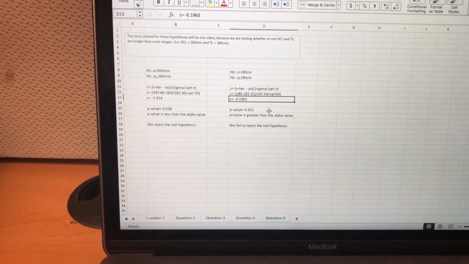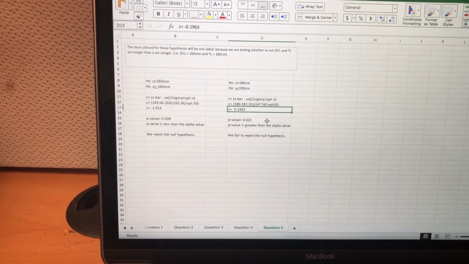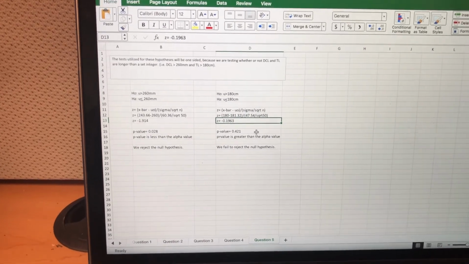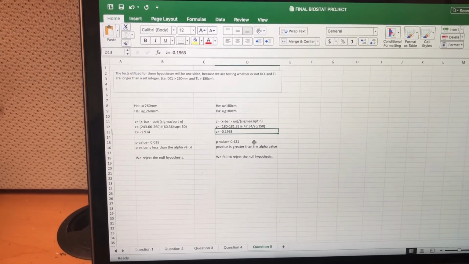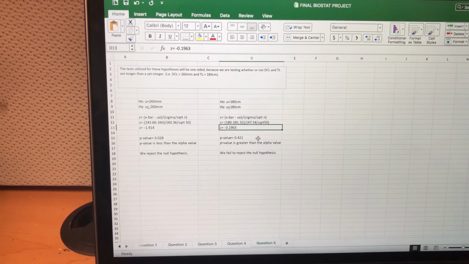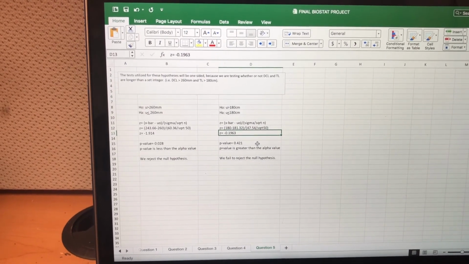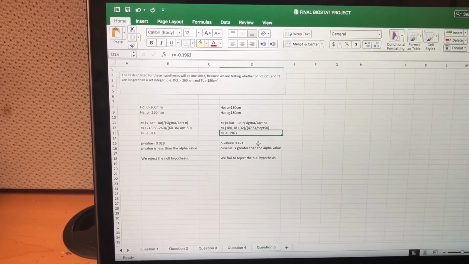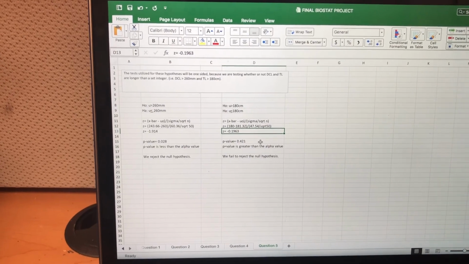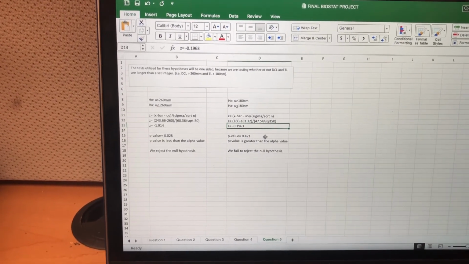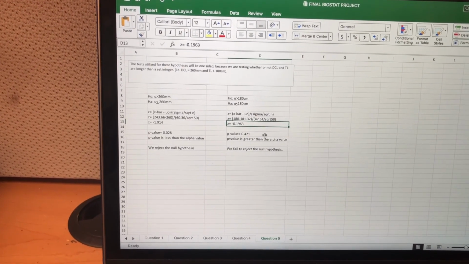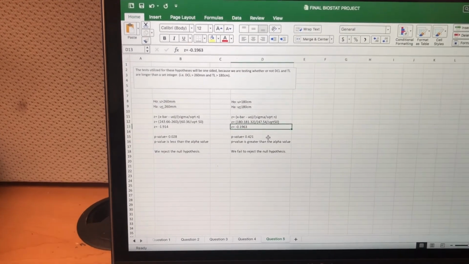Again, I utilized the z-table in the back of the book, and the p-value corresponding to a z-score of 0.1963 would be 0.421 after rounding the z-score up to 0.2. So that p-value is greater than the alpha value, and when that happens, we fail to reject the null hypothesis.